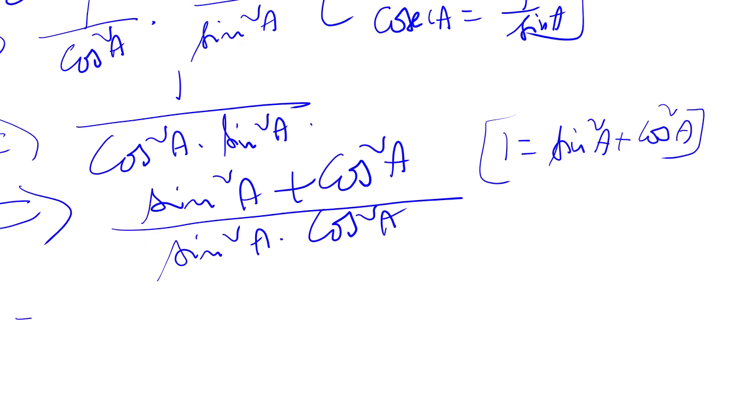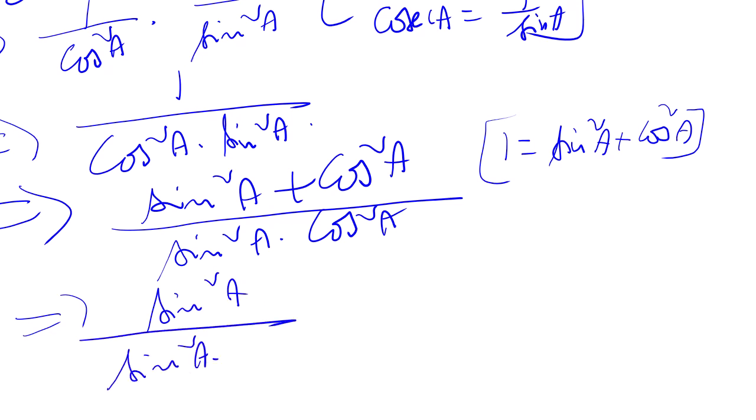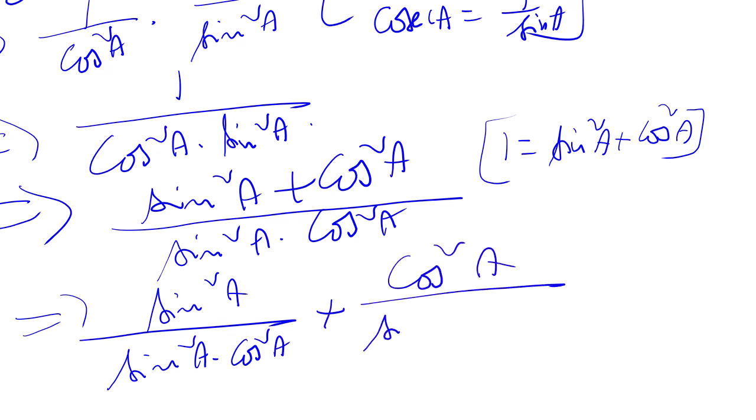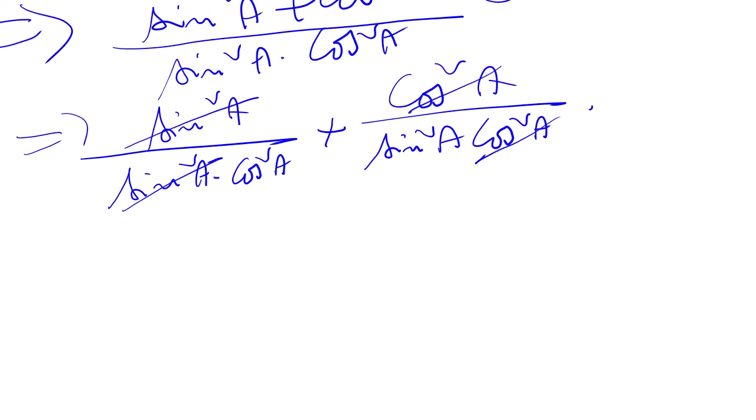So if we separate, sin square A upon sin square A cos square A plus cos square A upon sin square A cos square A. So sin square A cancels, cos square A cancels.